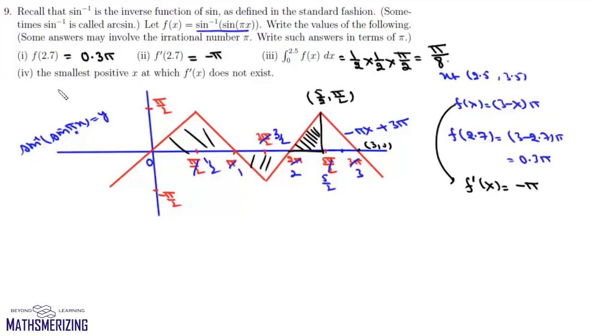And the fourth one is the smallest positive x at which the derivative does not exist. So this function is not differentiable at this point. So the smallest value is at x equals 1 by 2. So the answer to this question is 0.3 pi, minus pi, pi by 8 and 1 by 2.